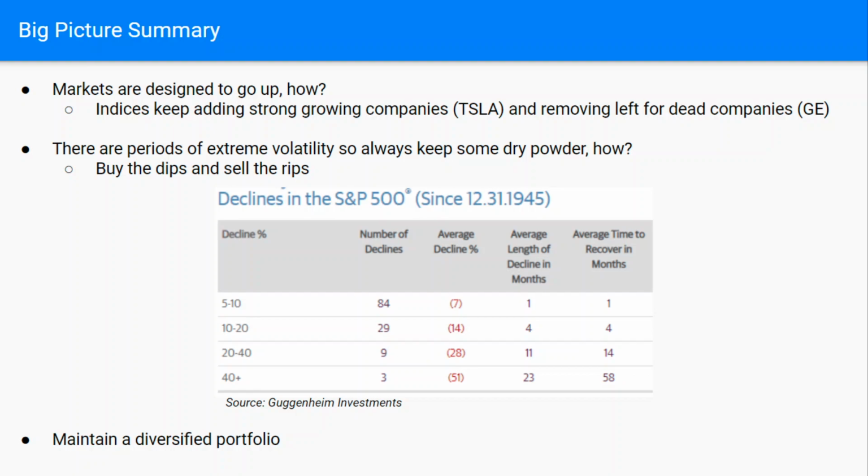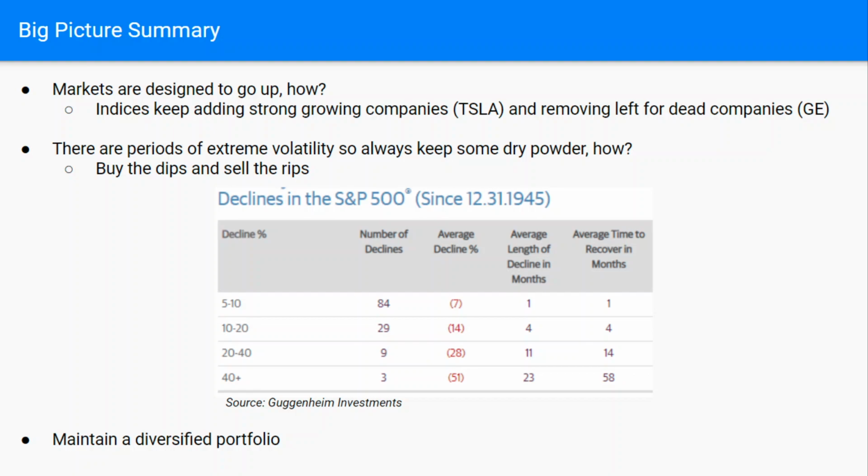There have been 10 to 20% declines 29 times, 20 to 40% declines 9 times, and 40-plus percent declines 3 times. And these are the times, if you have cash available, you can take advantage of these declines. And during these declines, a lot of speculative companies, a lot of growth companies, are the ones who sell off the most.